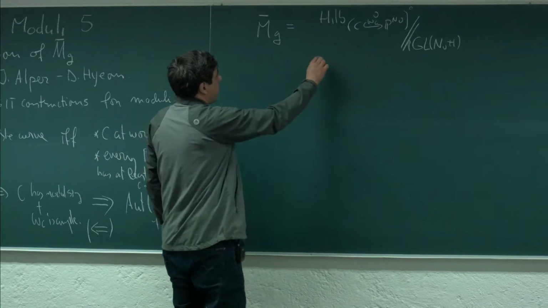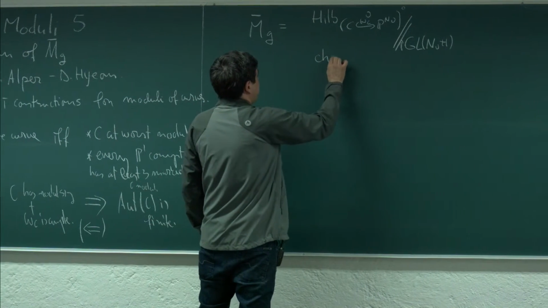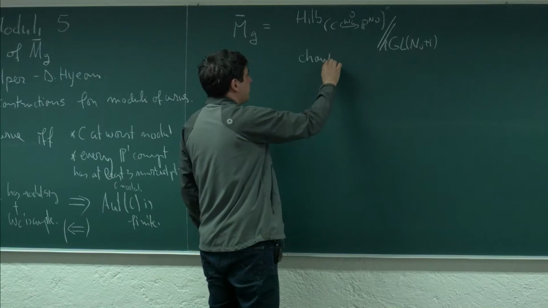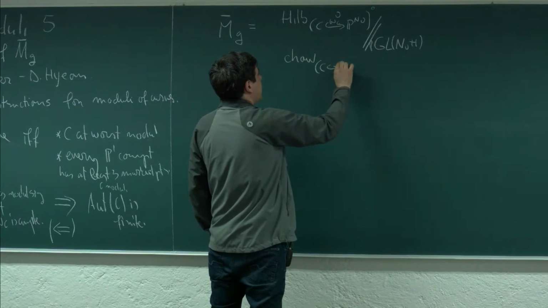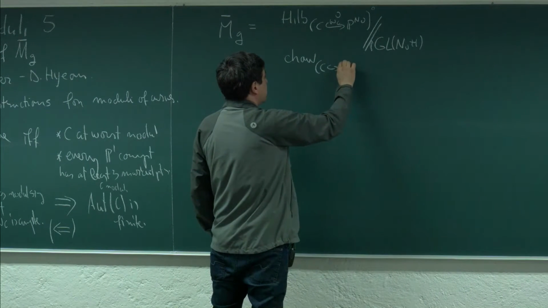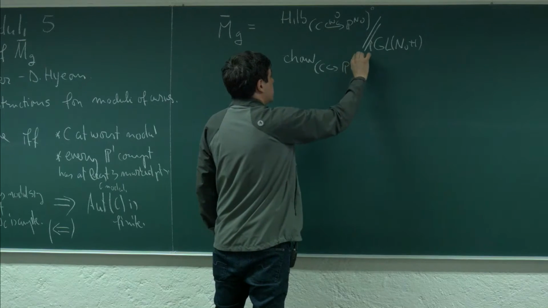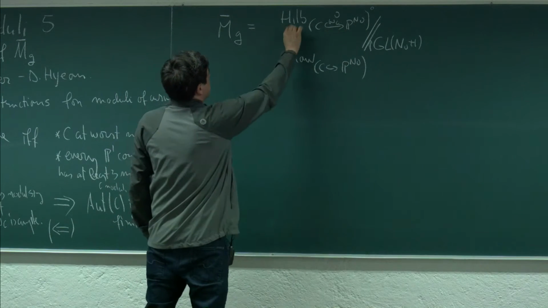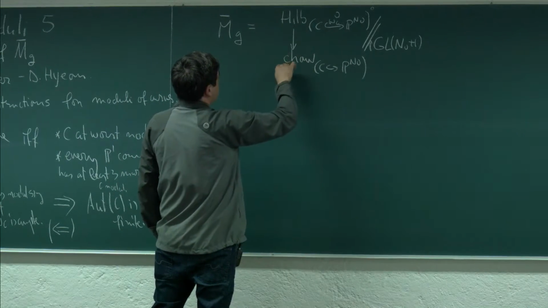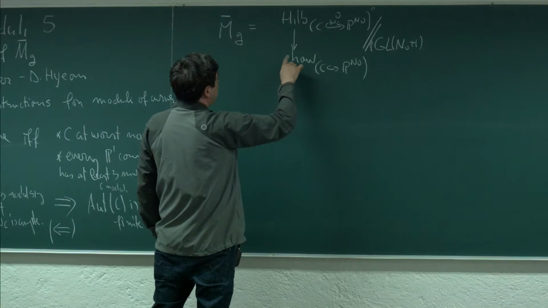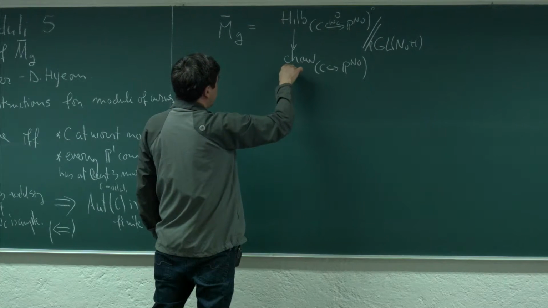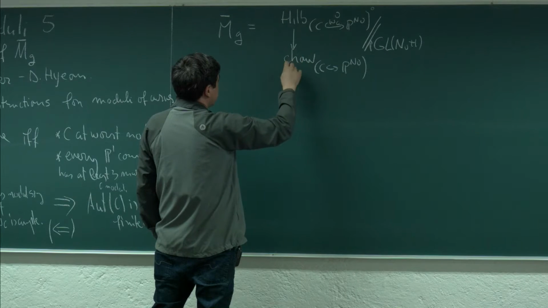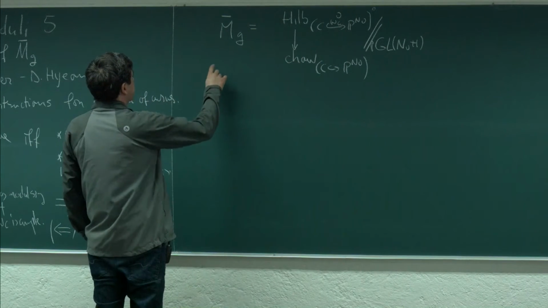Actually, it is preferable to work with the Chow variety, embedded in the same way. There is, of course, a Hilbert to Chow morphism, and the Chow variety is actually better in this type of situation.